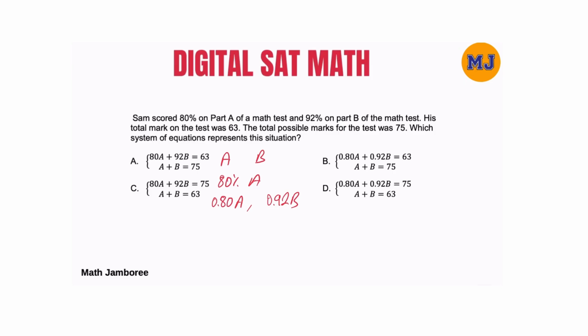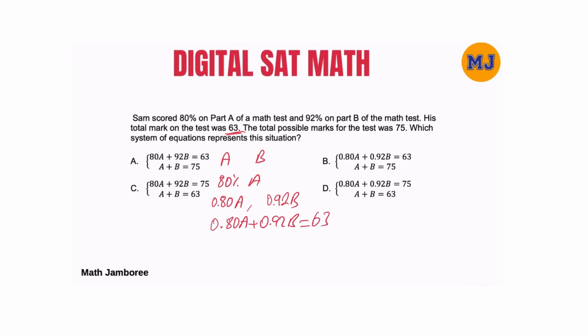Next, we know that the sum of his scores from part A and part B gives his total mark, which is given as 63. So we can write the equation as 0.80A plus 0.92B is equal to 63.